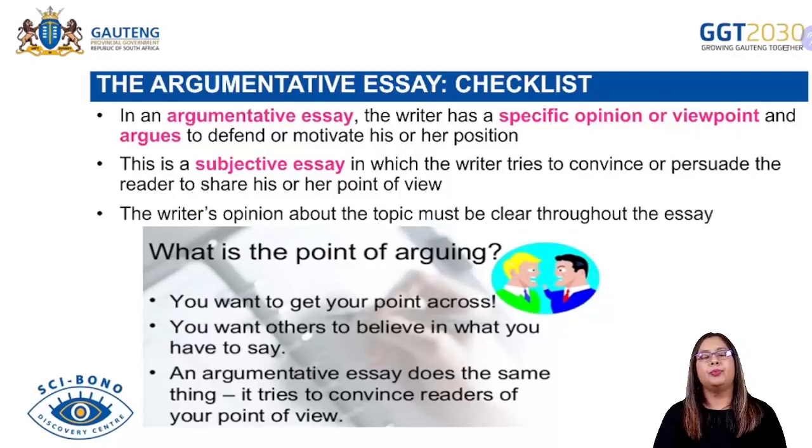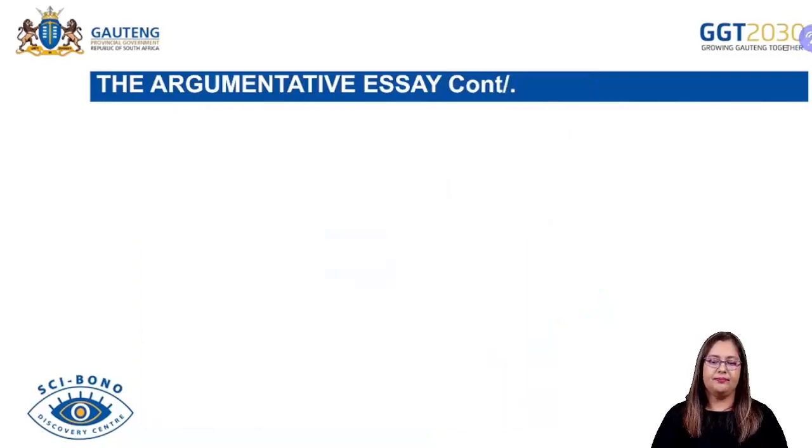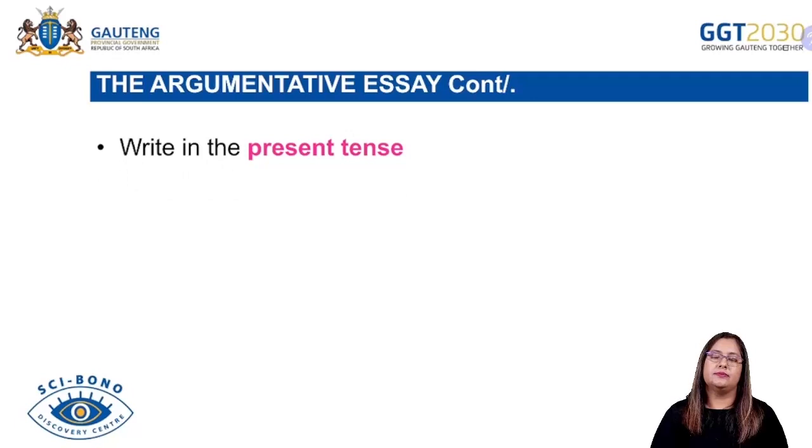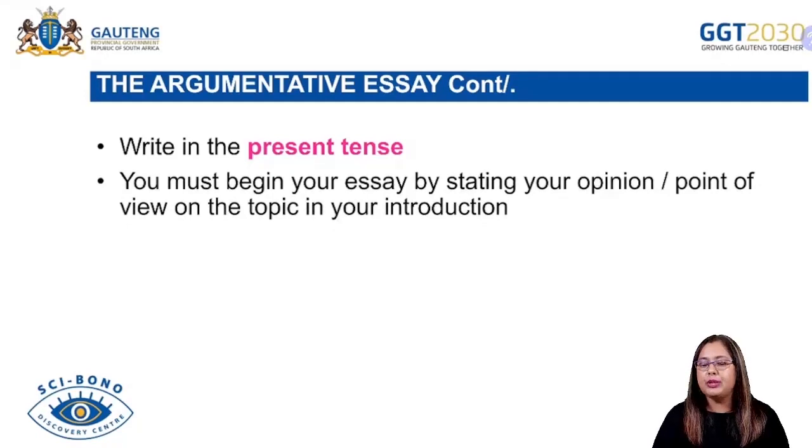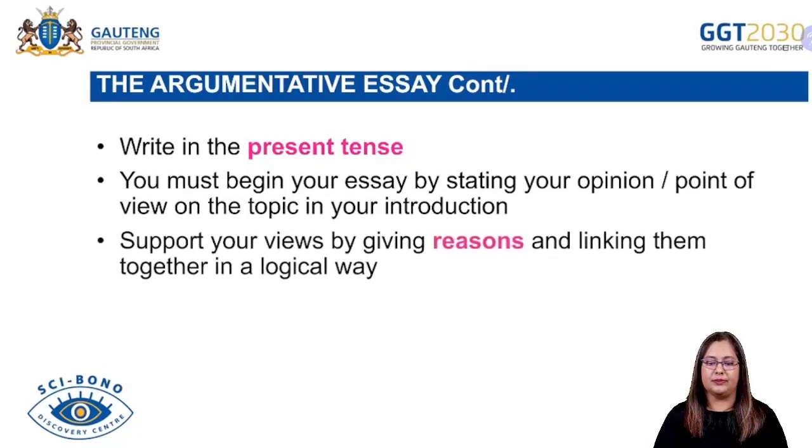Finally, the opinion of yourself here, the writer's opinion meaning yourself, is about the topic that you have in front of you, and therefore it has to be clearly set out throughout the essay. Good. It must also please be in the present tense. Ensure that you begin your essay by giving us your opinion or your point of view in the introduction.